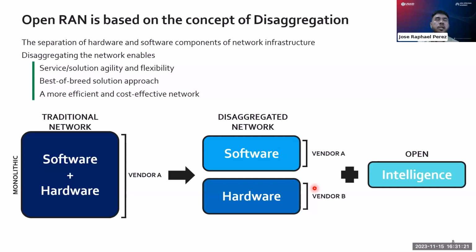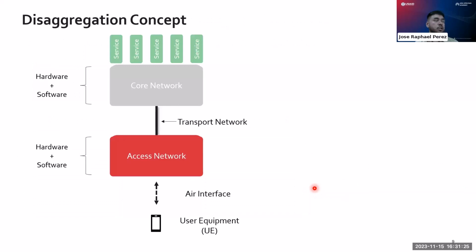So how will this be done in our network? We have here a sample high-level telco network from our core, access, and to our user equipment. So here is our traditional network, wherein the core and access are monolithic, meaning the hardware and software in a single box.